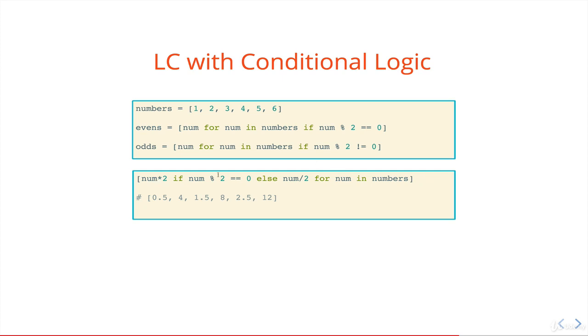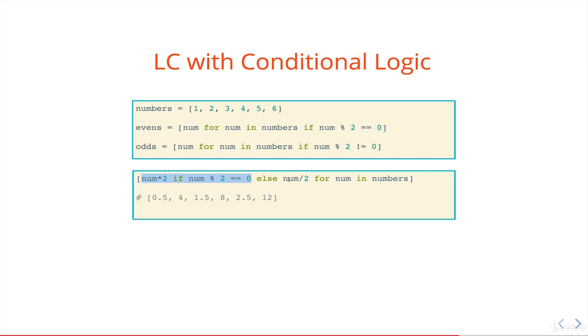Okay, with that little diatribe over, let's look at this example and try and walk through it. So there's a start of a list comprehension here, but then we have an if, and then an else, and then for num in numbers. So the syntax is definitely different. But what this will do is it will take even numbers and multiply them by 2 if they're even.